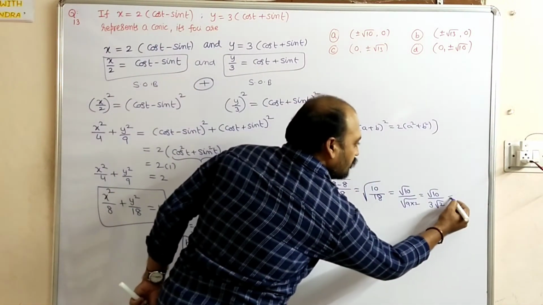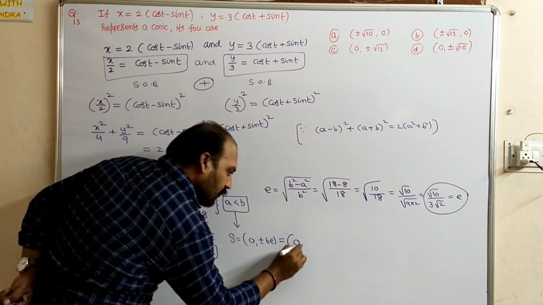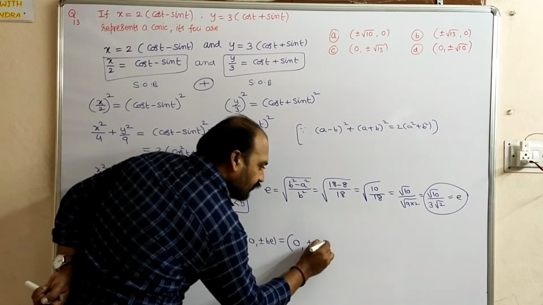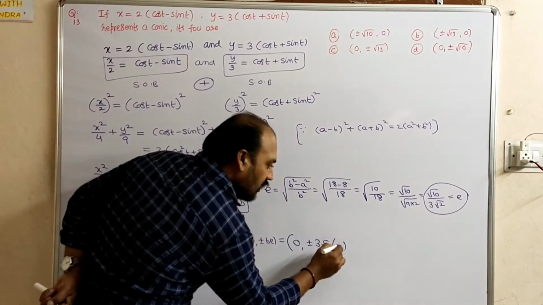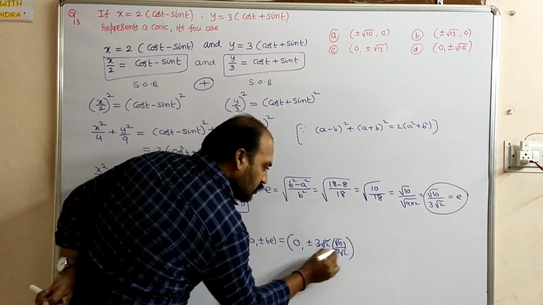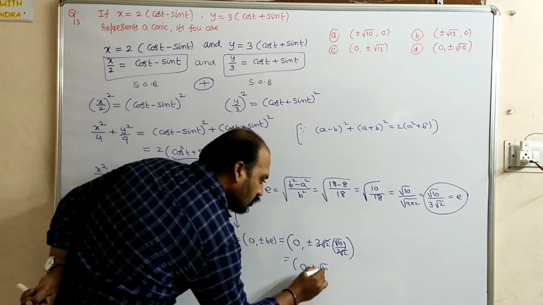Substituting, 0, plus or minus b value 3 root 2 into e value root 10 by 3 root 2. 3 root 2, 3 root 2 get cancelled. 0, plus or minus root 10.